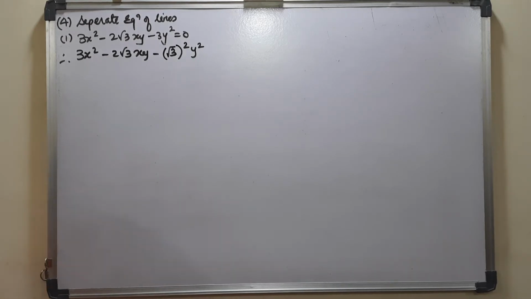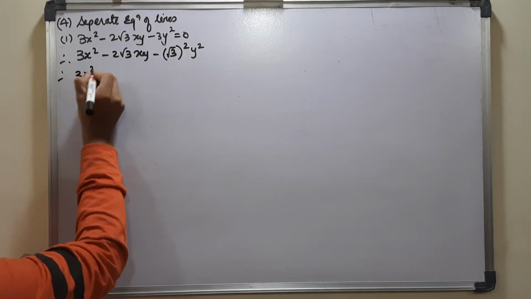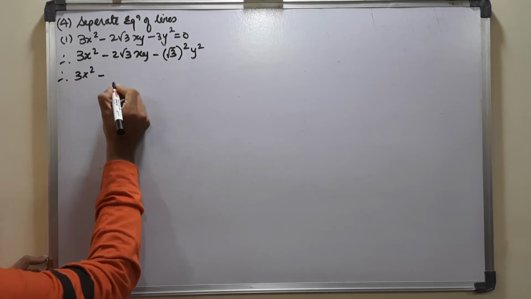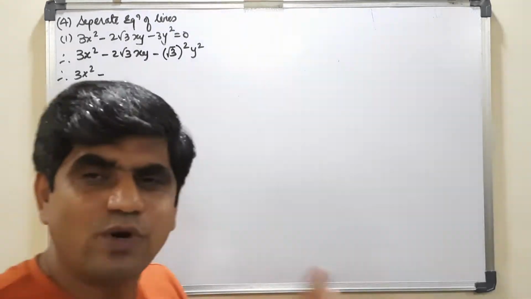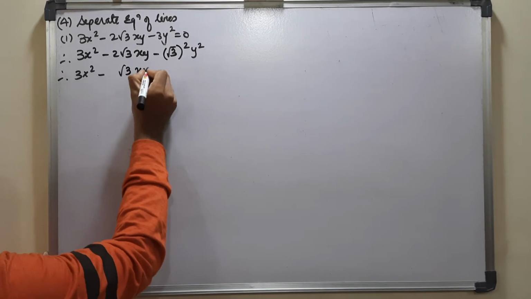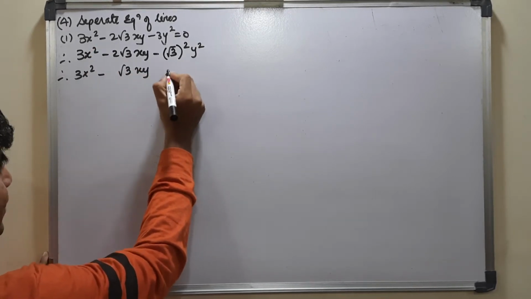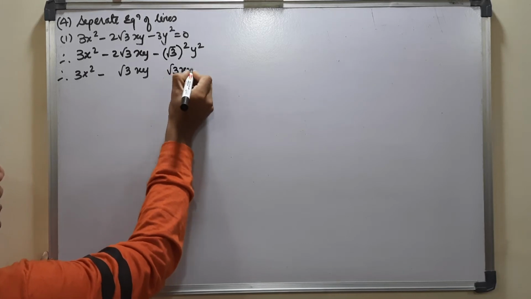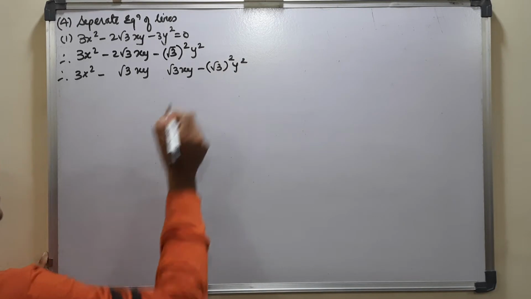Now this will be your 3x square minus, factors I don't know, but it is very sure that root 3 is going to come in both. So in both the factors I am writing root 3 xy, this sign is going to become minus only, and I don't know this sign, so I am not writing it. That is root 3 xy minus root 3 the whole square y square.